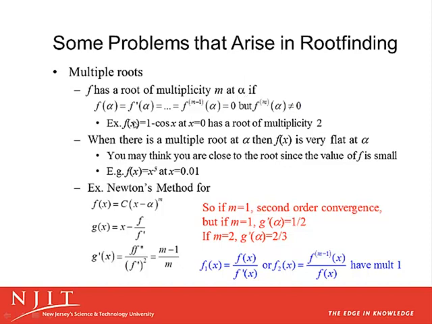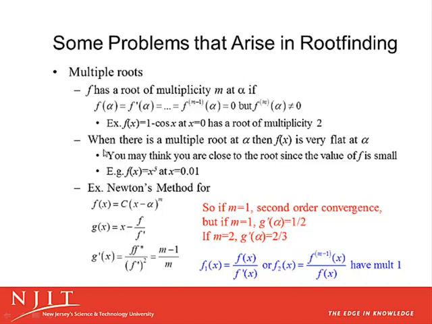As an example, you can note that if f of x is 1 minus cosine x, and you consider that at x equals 0, that's a root, you get 1 minus 1 is 0. If you take the derivative, you get sine of 0 is 0.